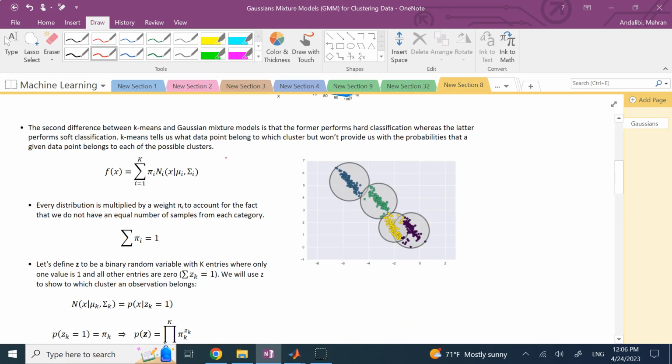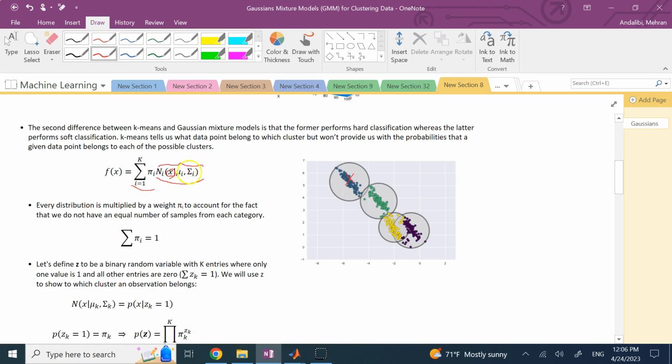So now we can say that the total probability of any data point x in the GMM comes from a summation of some normal distributions, right, where N_i is the ith normal distribution with the average of mu_i and covariance matrix of sigma_i, and x, assuming that it is coming from that, is a probability distribution.